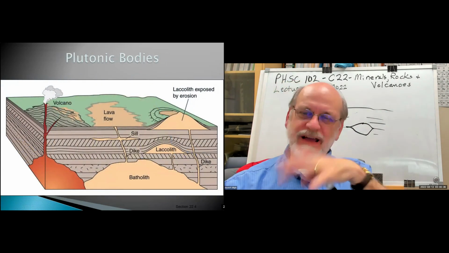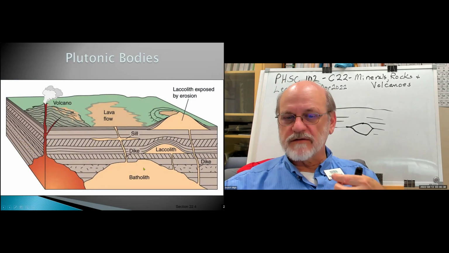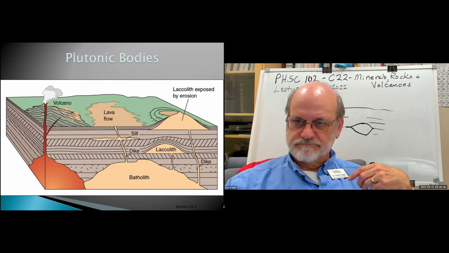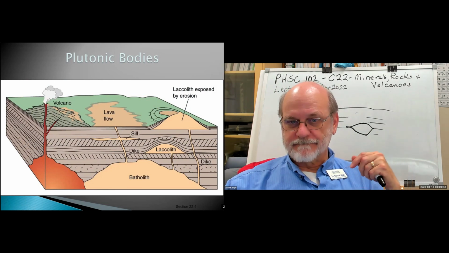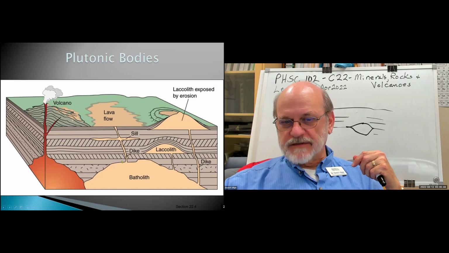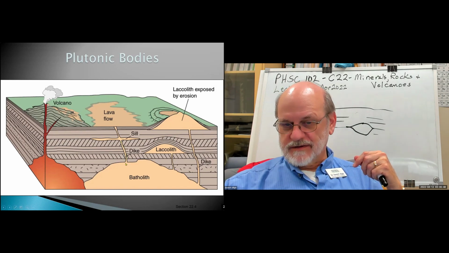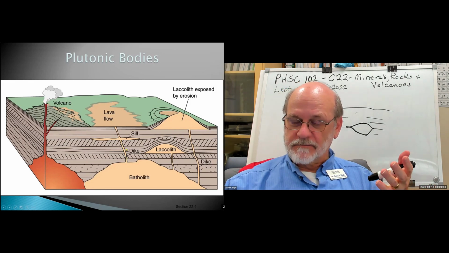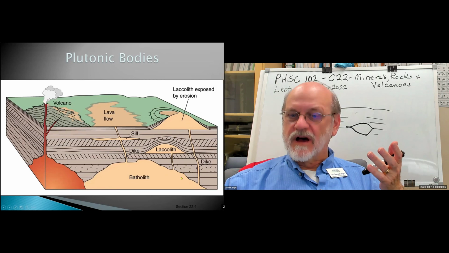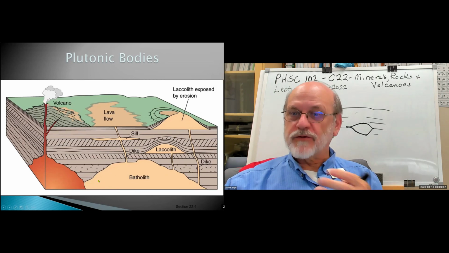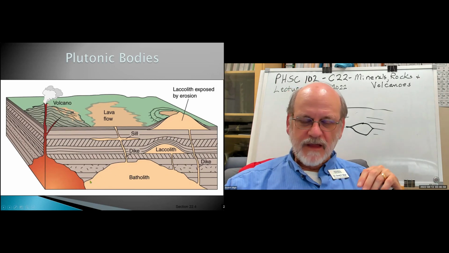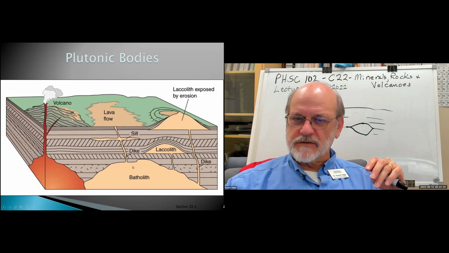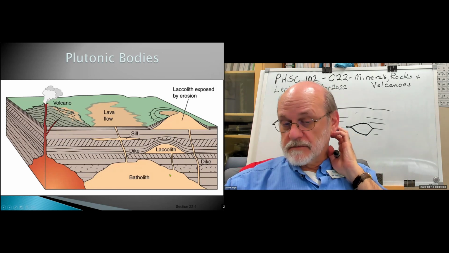Okay, so in this diagram, we see various types of igneous structures. This dike is discordant, it cuts across layers of overlying rock. This batholith, also lith referring to rock, cuts across layers.